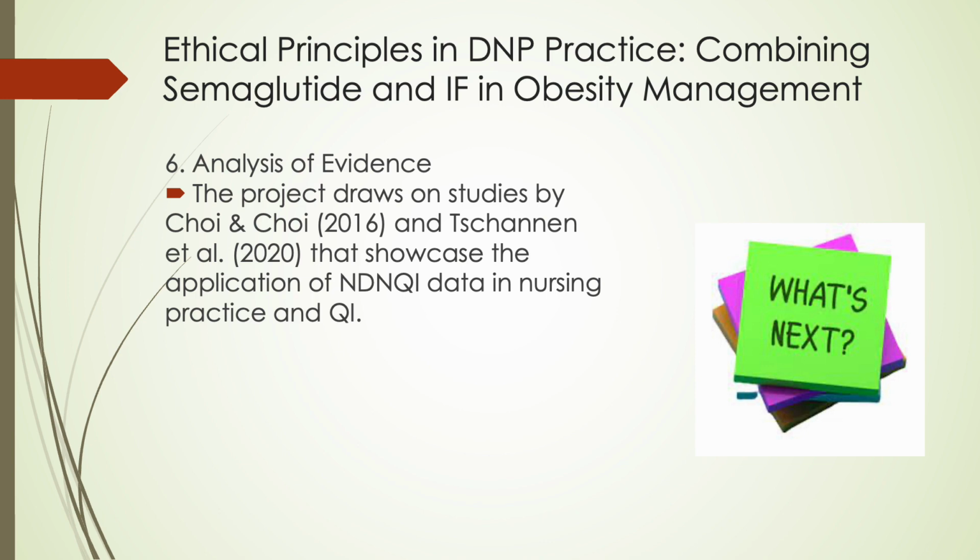Autonomy requires that patients be fully informed about the interventions that they receive, ensuring that their right to make educated decisions about their healthcare is protected. Furthermore, justice demands equitable access to such innovative treatments, especially given the disproportionate impact of obesity on certain populations.